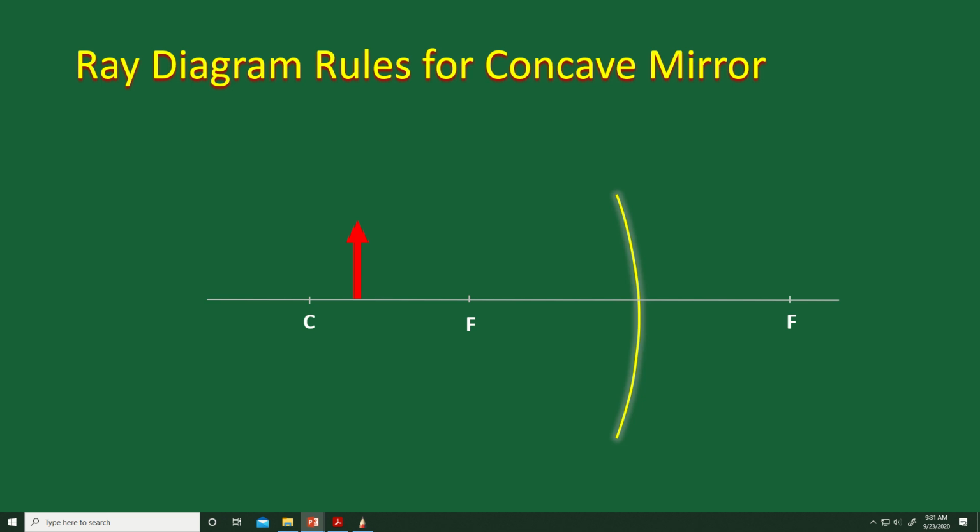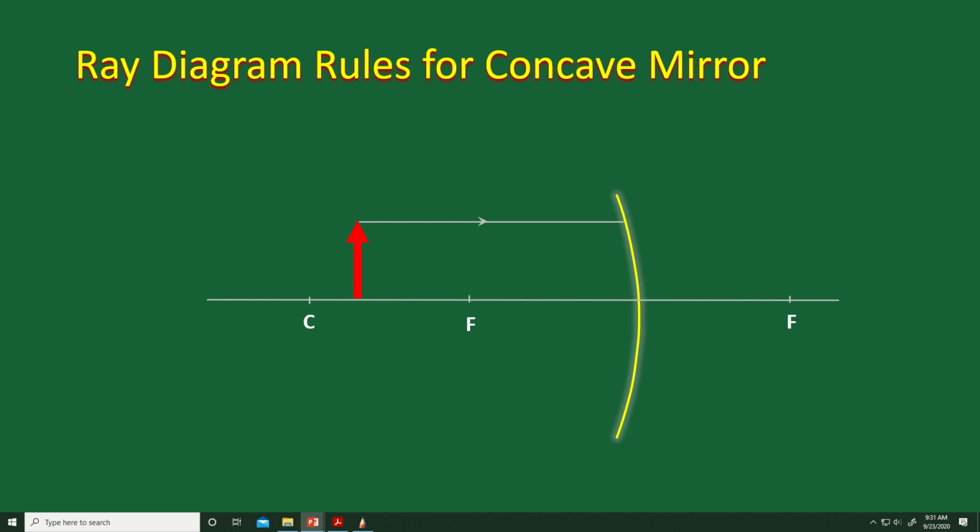So any ray that is parallel to that axis will be reflected. So be careful. In the lens, last time the ray passed through the lens. It was bent by the lens. But in this case, the ray would be reflected, not refracted, because the function of the mirror is to reflect, not refract.